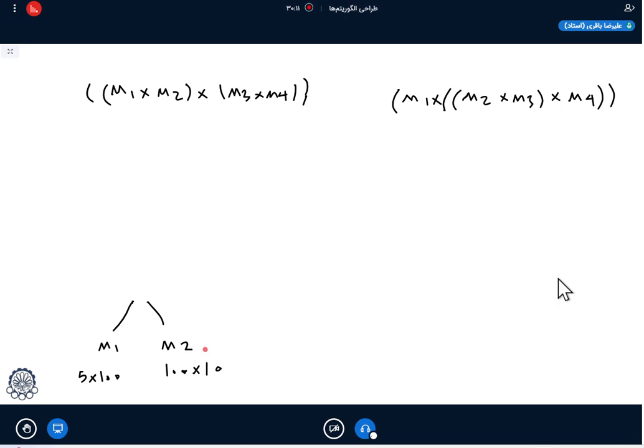So if we multiply m1 and m2, we will have a matrix whose dimension is 5 and 10. I mean the multiplication of m1 and m2 has 5 rows and 10 columns.